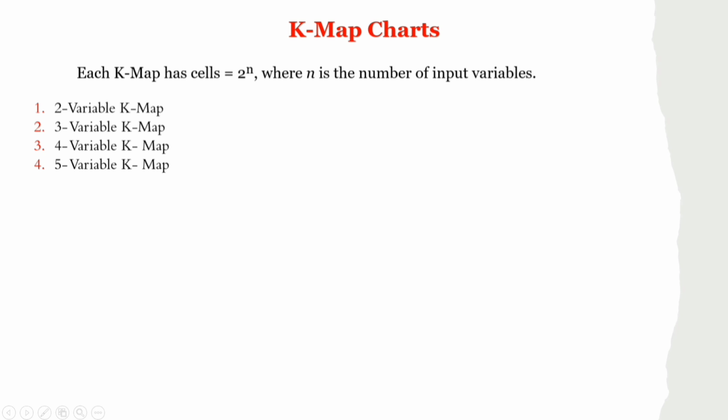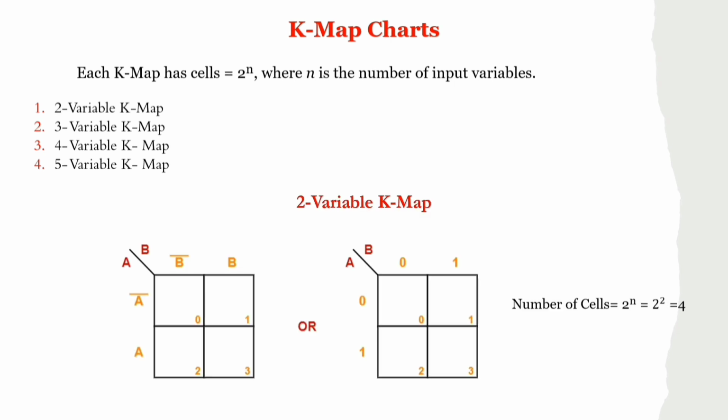First, let us understand the 2-variable K-map. Here we have two input variables, a and b. Since the number of cells in the K-map is given by 2 power n, where n is the number of variables, here we considered a and b, so our number of variables is 2. So n equals 2, and the total number of cells will become 2 power 2, that is 4.